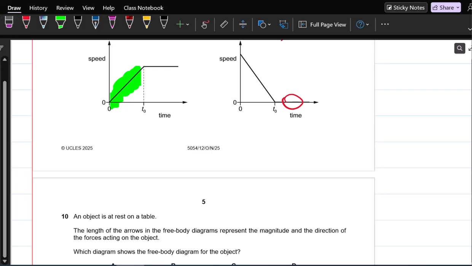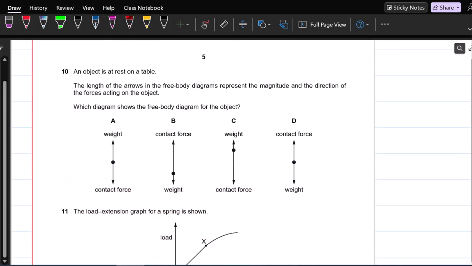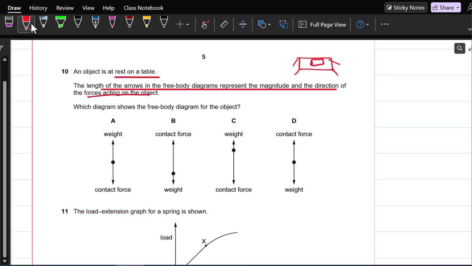Moving to question number 10. An object is at rest on a table. So here you can see this is a table. Here is an object and it is at rest. The length of the arrows in the free body diagram represents the magnitude and the direction of the forces acting on an object.